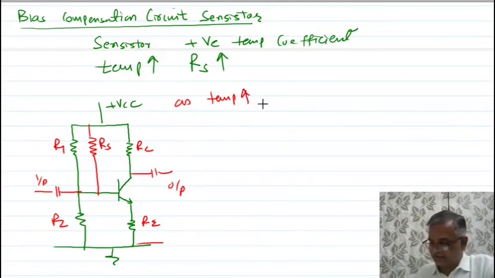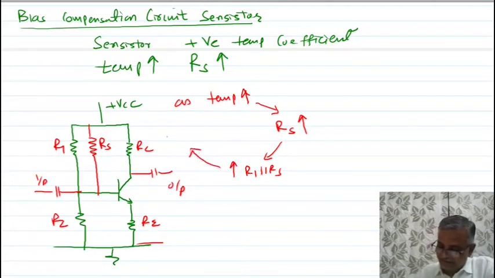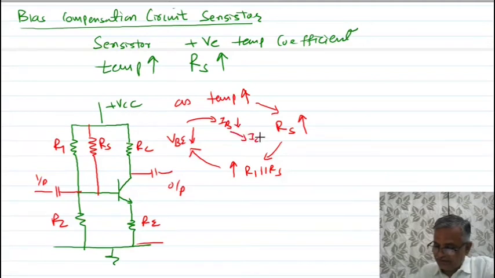As temperature increases, the resistance of the sensistor increases. As a result, a slight increase takes place in the resistance of the parallel combination of R1 and RS, and as a result VB decreases, so base current decreases, so collector current decreases. In this way, collector current tries to remain constant against the variation of temperature.